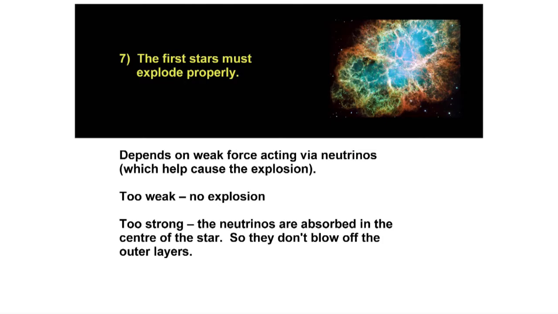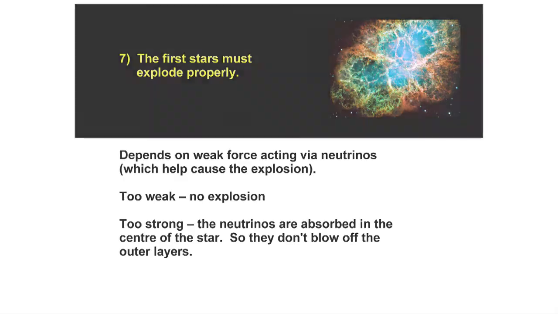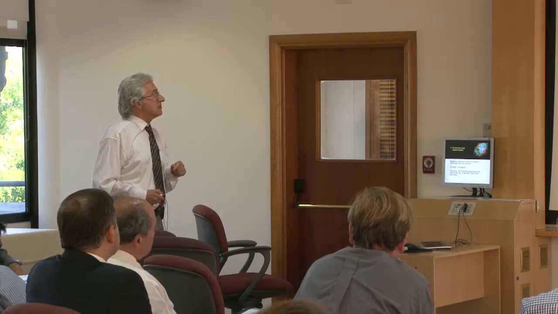Now, these first stars have to explode properly. You might say that's easy, isn't it? But in fact, it's not. Almost anything could happen. Again, it seems to depend on the weak force. And if the weak force is too weak, people calculate there won't be an explosion. If it's too strong, the neutrinos, which are involved here, will all be absorbed in the center of the star.